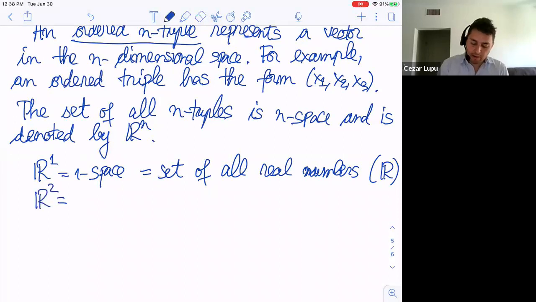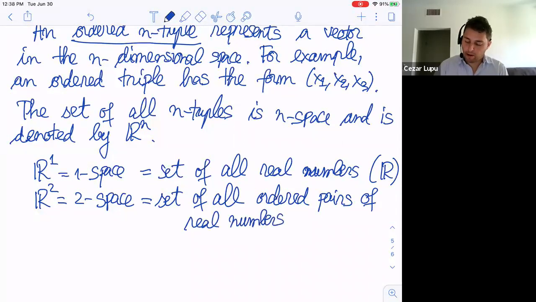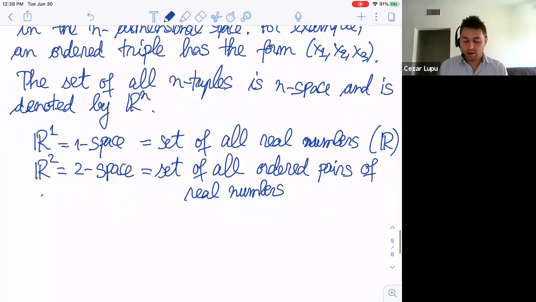R2 is a two space, which is the set of all ordered pairs of real numbers, right? This is R2, or basically the vectors in the plane. That's what we mean by R2. And then we keep going all the way to Rn.